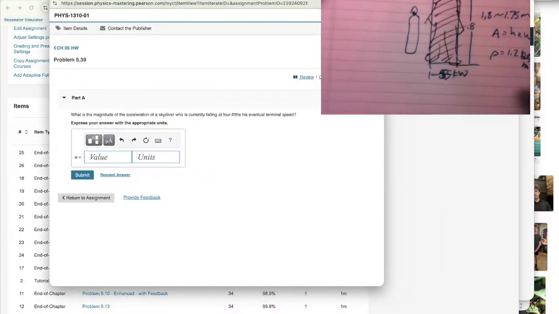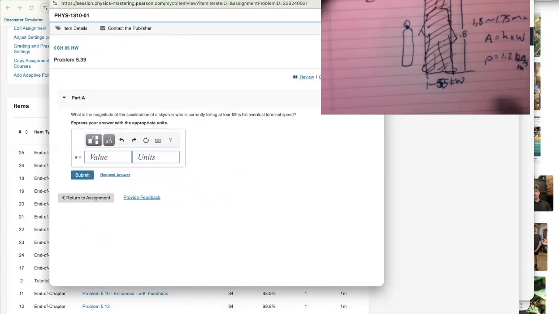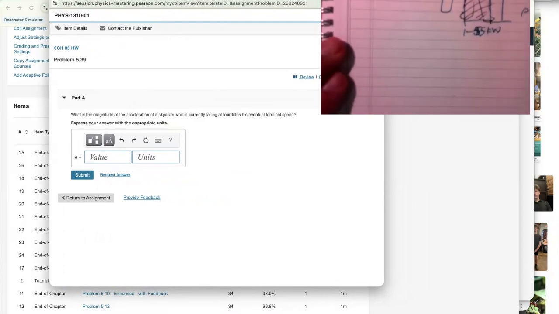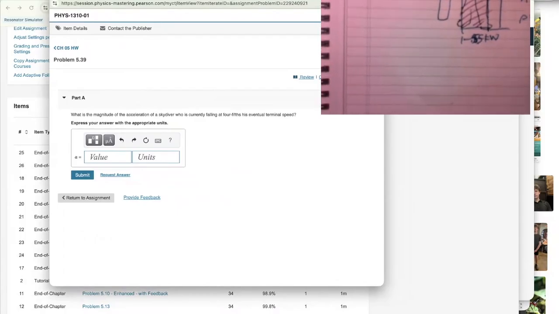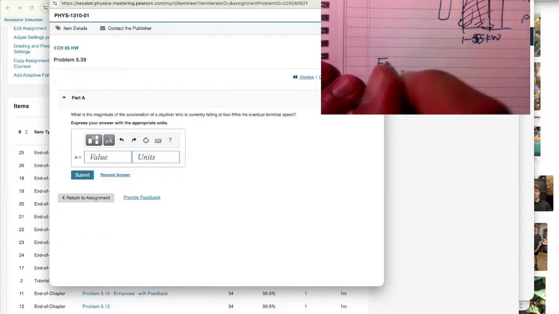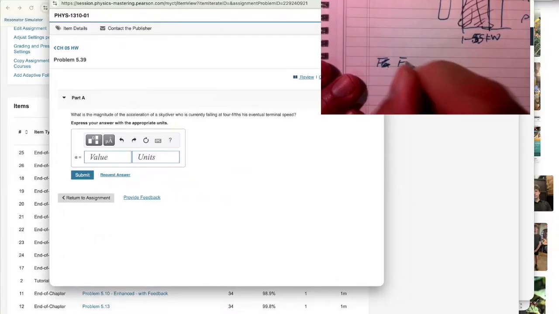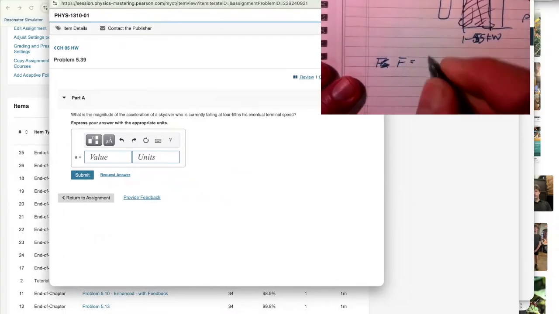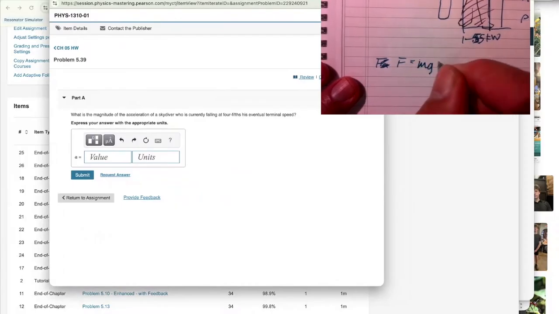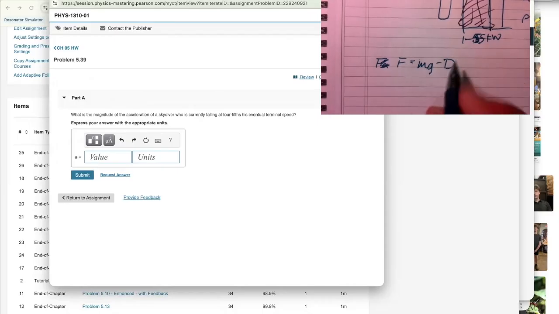It's going to be really important that we write down all of the forces in this problem. First of all, the net force is going to equal the force of gravity, mg, minus his drag. These are the only two forces acting on him. That's it.